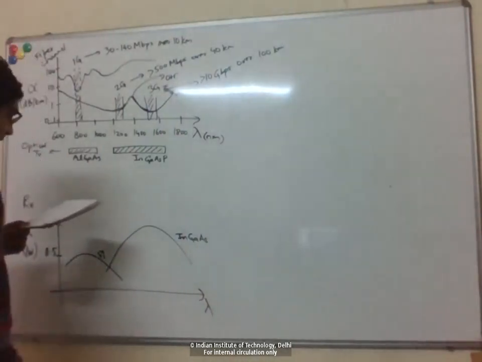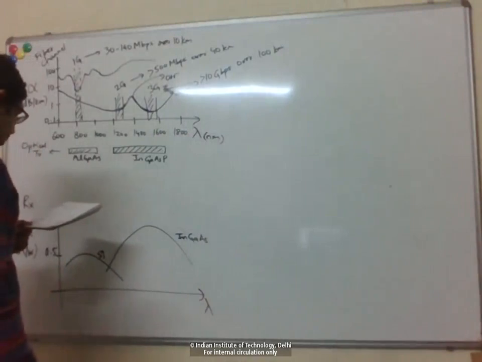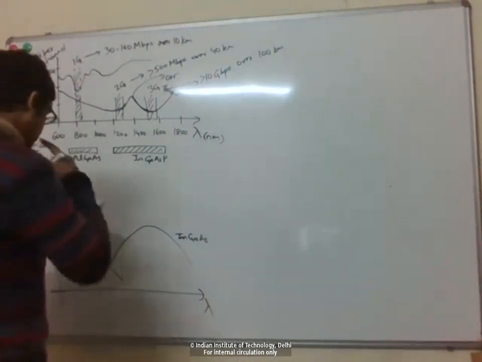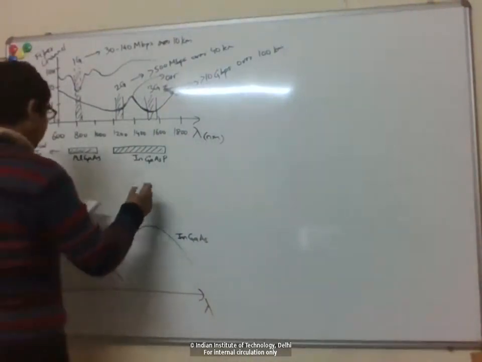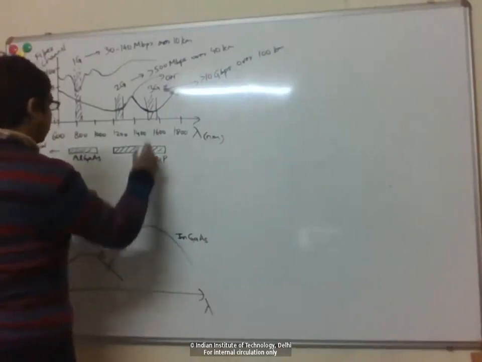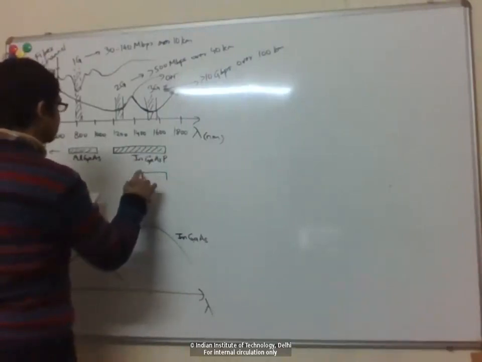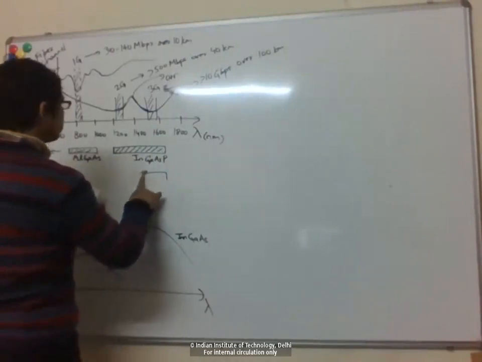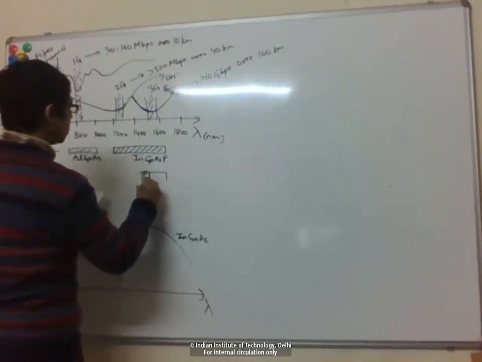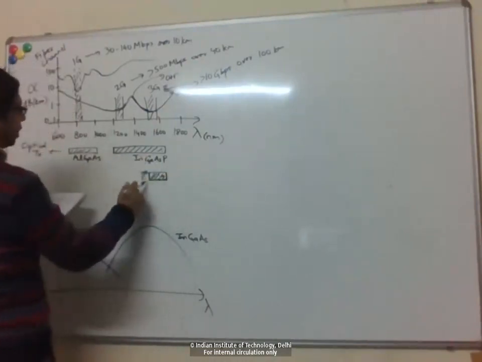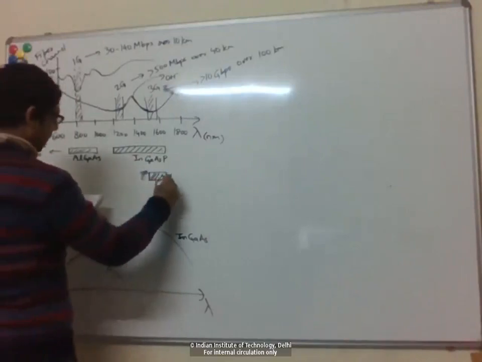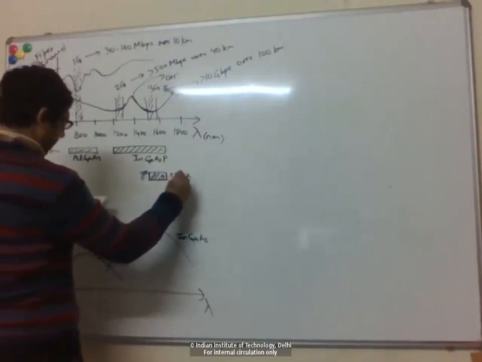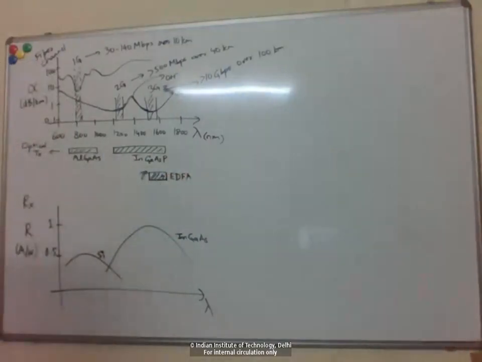And then in the 1990s, optical amplifiers were invented, especially this EDFA, which worked for this wavelength range here, roughly let's say around 1530 to 1610. That's the range of this erbium doped fiber amplifier.